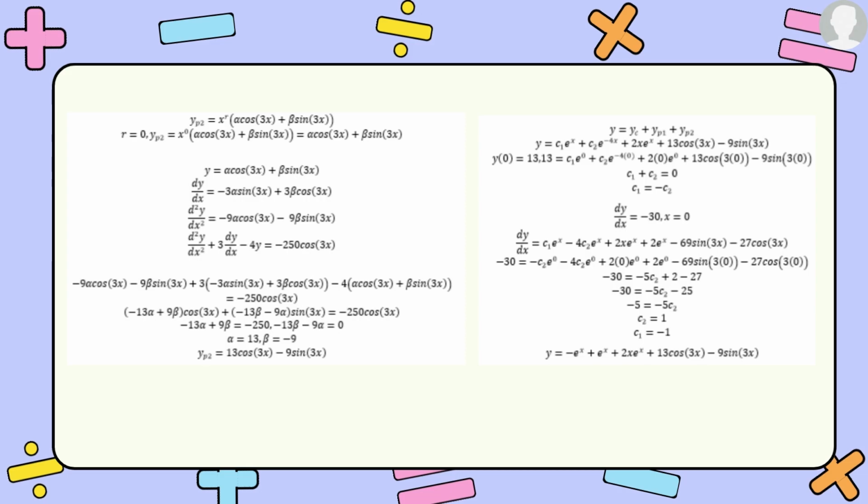So we can get c1 is equal to negative 1 because c1 is equal to negative c2. So we just put all the values we get into y, then the answer we will get y is equal to negative e to the power of x plus e to the power of negative 4x plus 2x e power of x plus 13 cos 3x minus sin 3x.